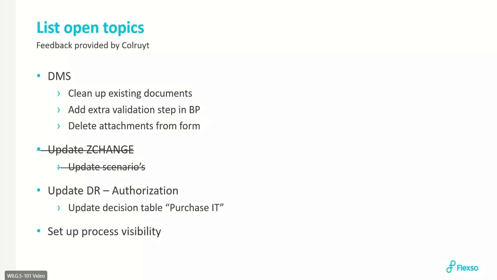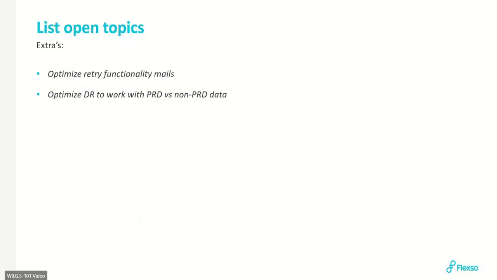And then we will also set up process visibility. Then I'd like to add some open topics, if you have too much time. These are things I recommend; you don't need to follow my recommendations.